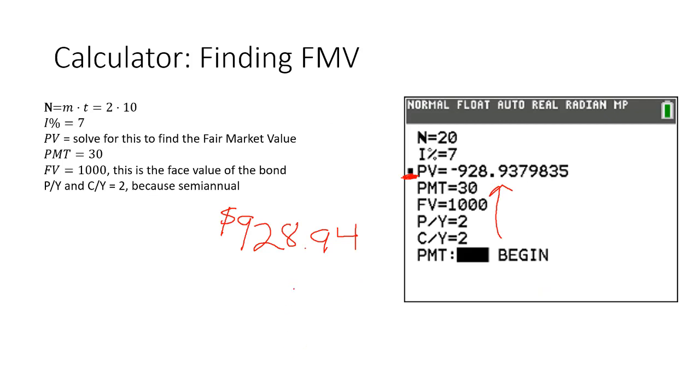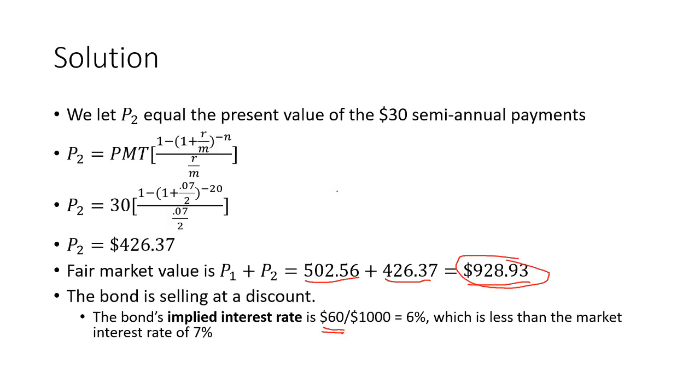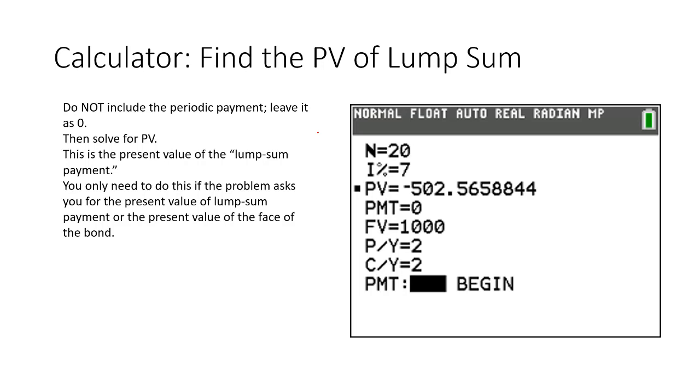Now, sometimes a problem might ask you to break it apart like we did when we did it by hand, right? We found first the present value of the lump sum payment, and then we found the present value of the semi-annual payments. We can also do that on the calculator if you're asked to in a problem. So to find the present value of the lump sum payment, don't include anything for the periodic payment.